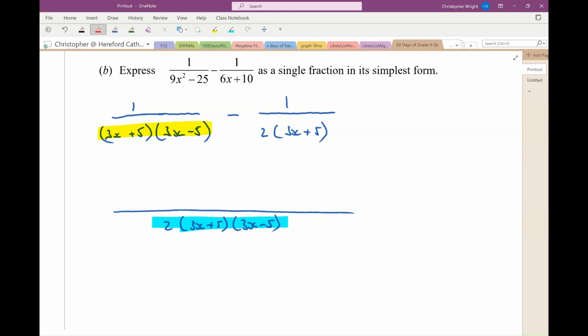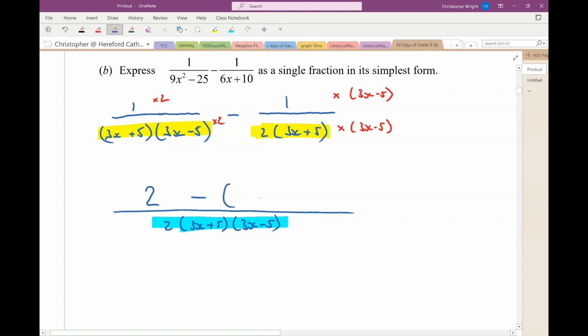Answer, it's being multiplied by 2, so I must do the same to the top. 1 times 2 is 2. Minus. Now, let's look at this second fraction. What's this denominator being multiplied by to get my new denominator? Answer, it's being multiplied by 3x minus 5, so I must do the same to the top. 1 times 3x minus 5 is 3x minus 5.